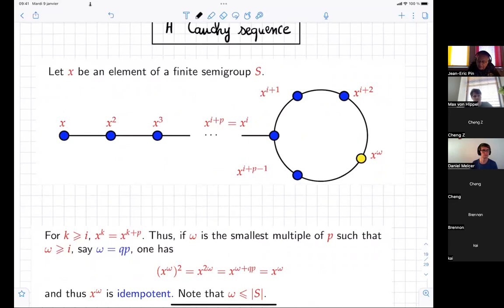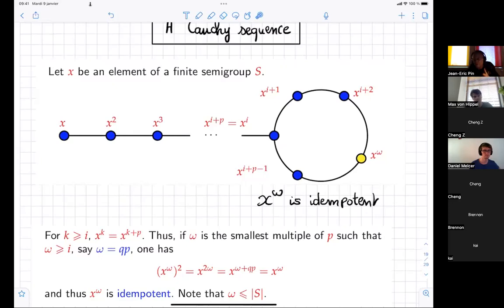which has the property that x omega is an idempotent. So there is a power of x which is an idempotent in a finite semigroup, always. Moreover, the elements on the circle, I remember I mentioned that each time you have an idempotent, you have a maximal group.